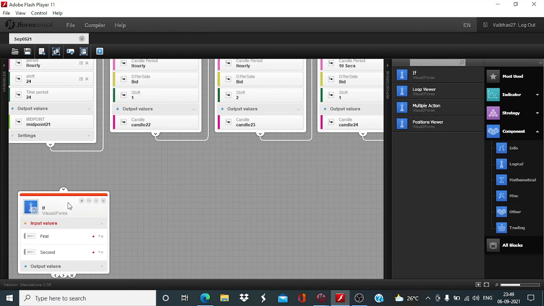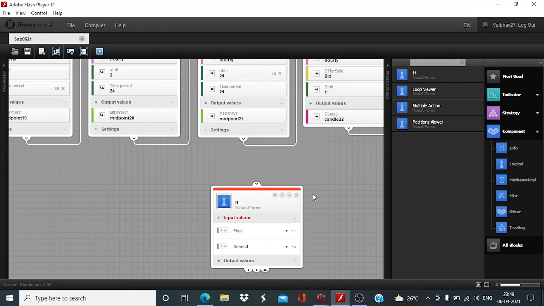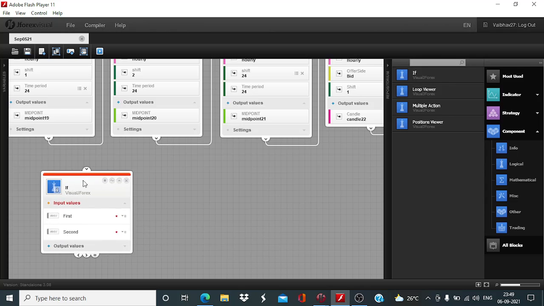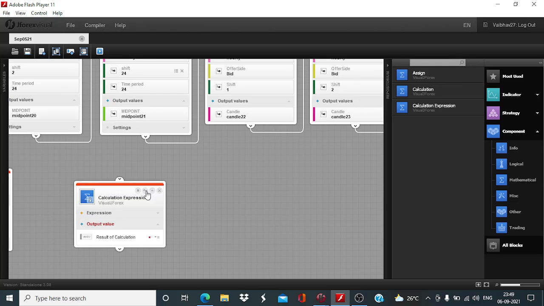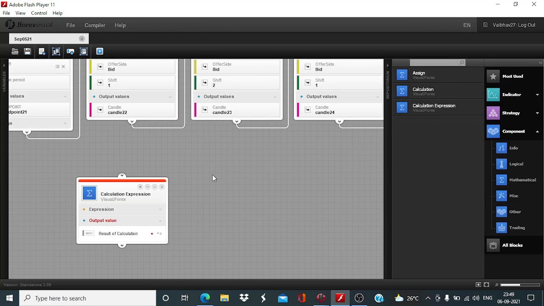And prior to adding the conditions, we will need to do a calculation for figuring out the actual difference. So I need to add mathematical components as well. Calculation expression first.